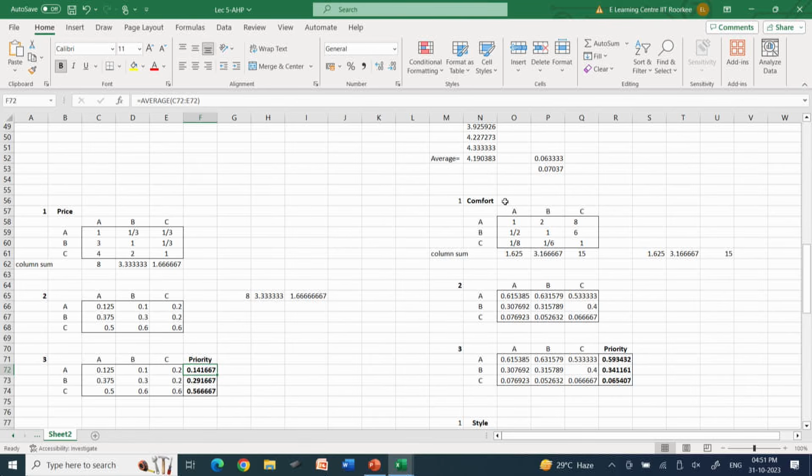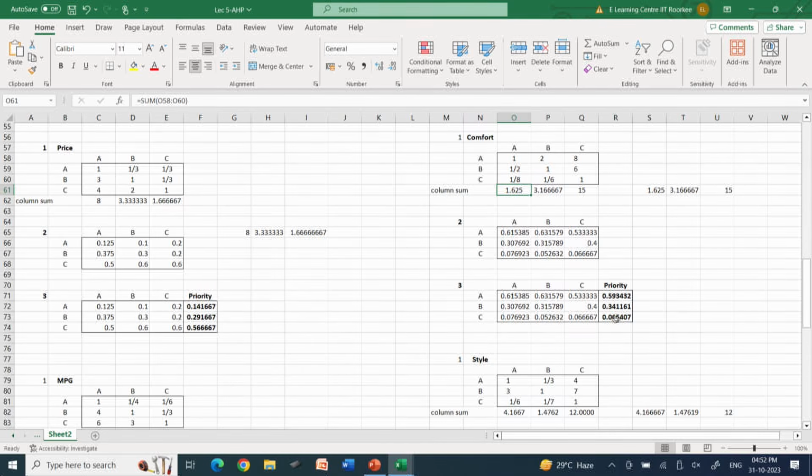Similarly, for comfort, I repeat the same procedure. I have the pairwise comparison matrix, I find the column sum, each element is divided by the column sum, then I find the row average. So I am getting 0.59, 0.34, 0.06.